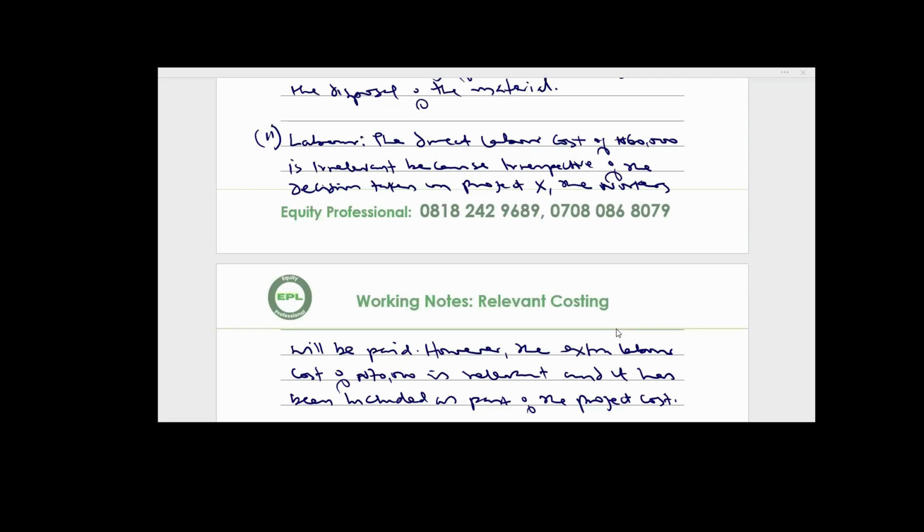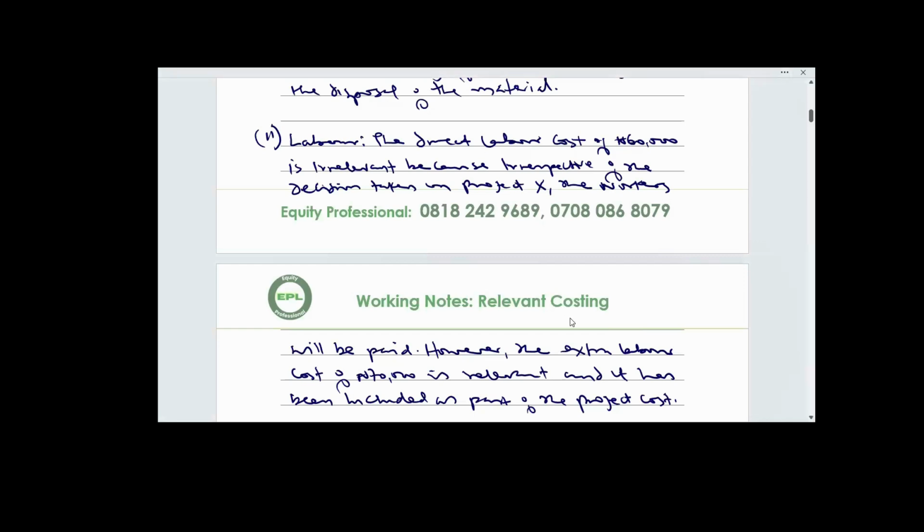And we are told that that 20,000 naira is gotten by taking 1/3 of 60,000. 60,000 divided by 3 will give us 20,000. That's how they arrive at the 20,000. They are now telling you that the supervision will be carried out by the assisting staff with their normal duty. So that 20,000 naira, I'm now asking you, is it relevant or irrelevant?